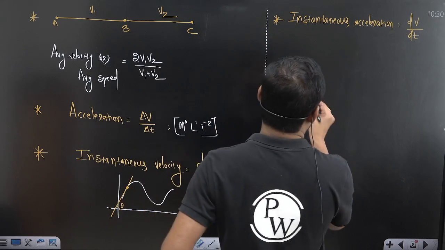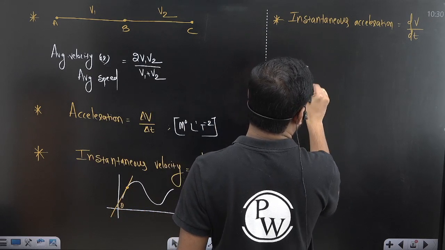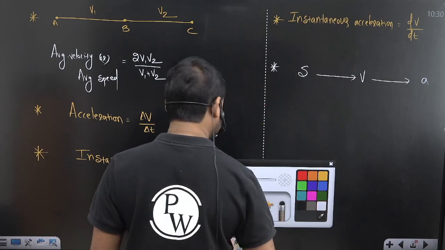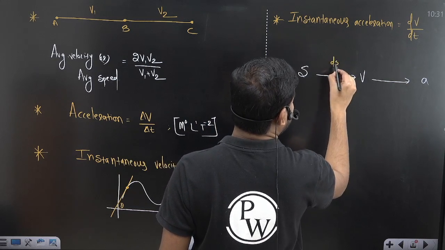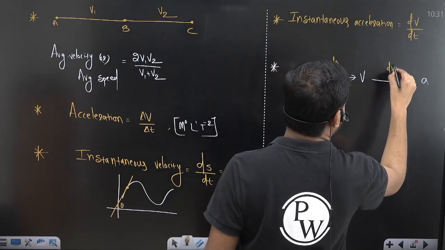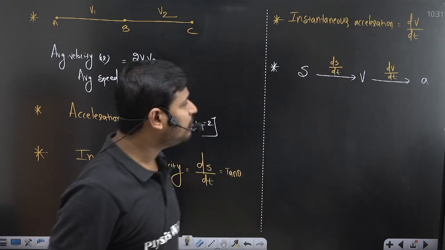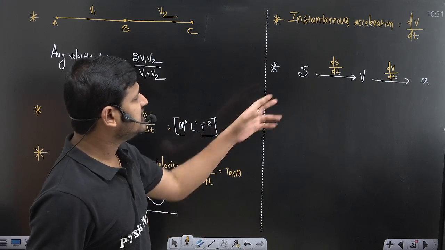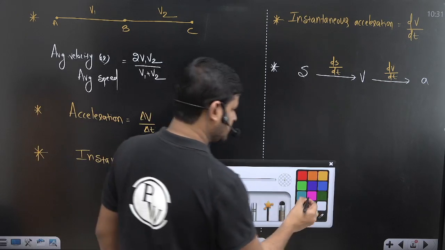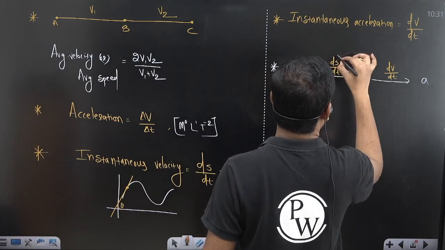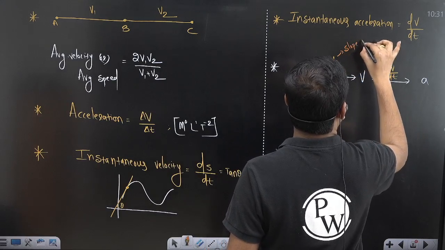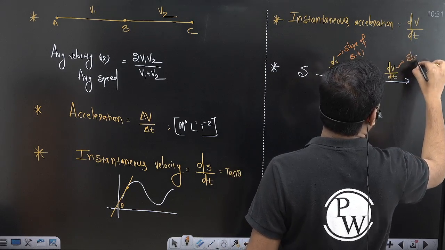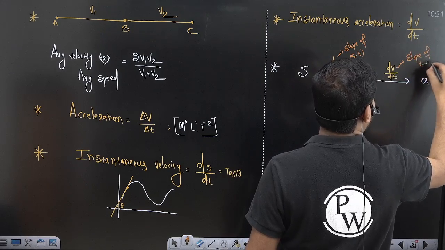So if you have to get velocity from displacement and acceleration from velocity, I can write like this: ds by dt and dv by dt. The slope of the st curve results in the velocity, and the slope of the vt curve results in the acceleration.